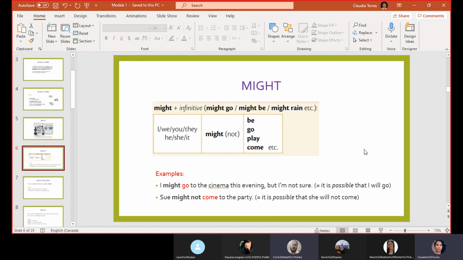Okay, so now I'm gonna ask you to make sentences, affirmative and negative sentences, but if you want, real sentences, okay? So, for example, you can talk about things you might do after the class. I'm gonna give you an example.